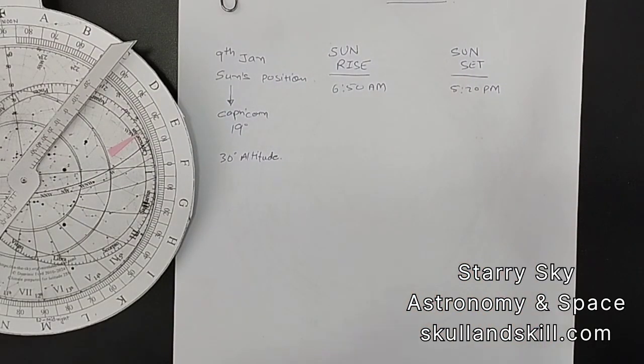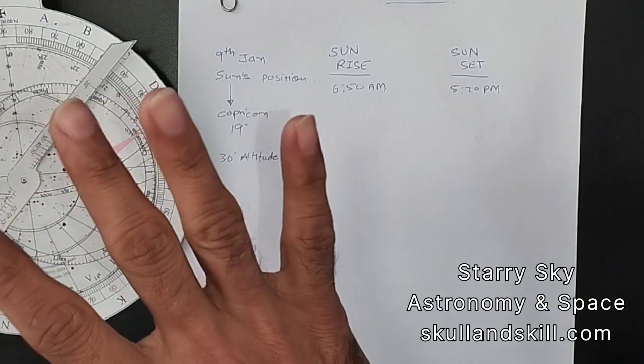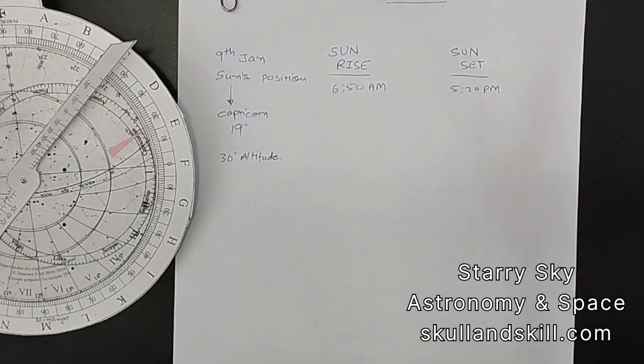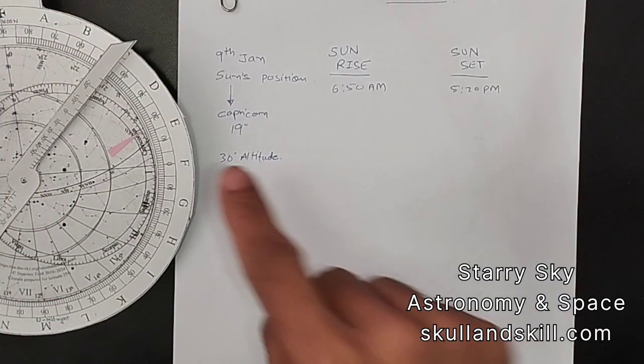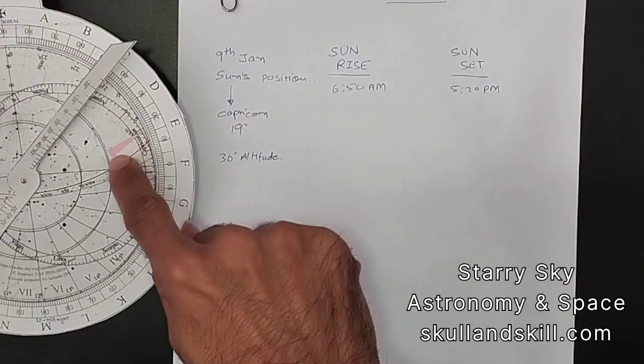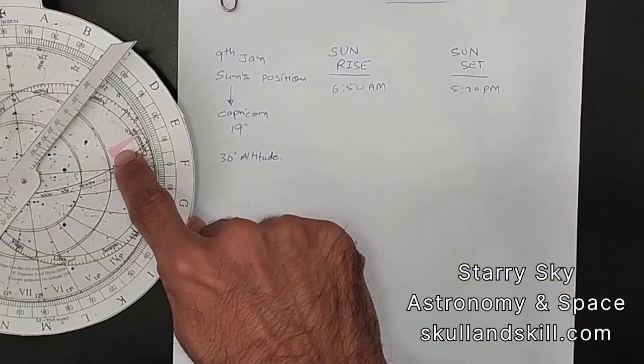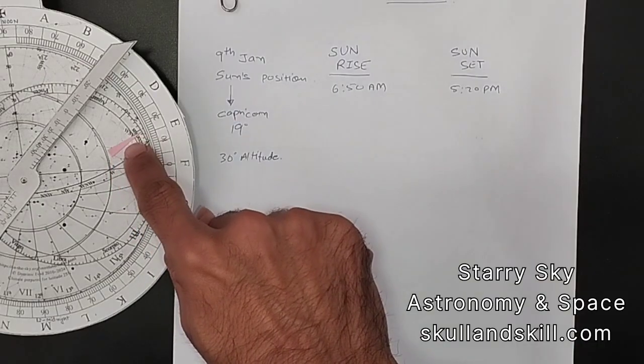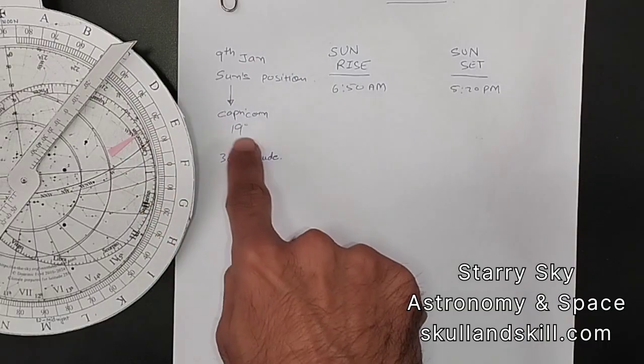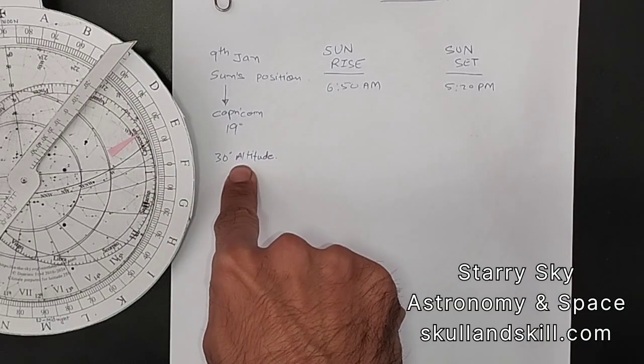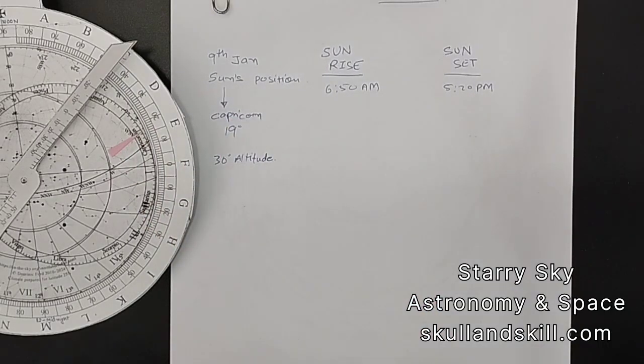Then, using the climate, the front of the Astrolabe, we found out by matching the position of the sun in the zodiac with the altitude circle on the climate, the local time.